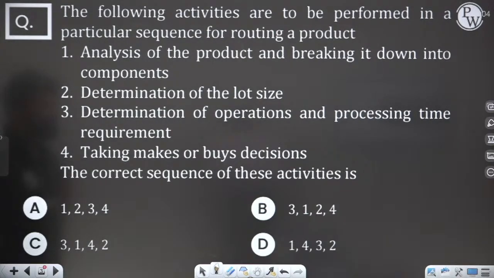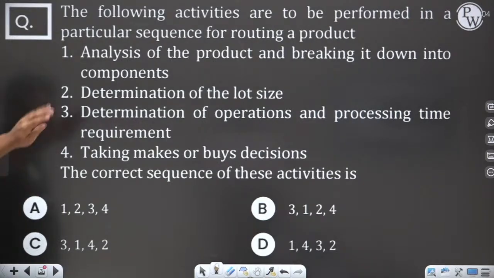Three, determination of operation and processing time requirement. Four, taking make or buy decision. Which one is the right answer?